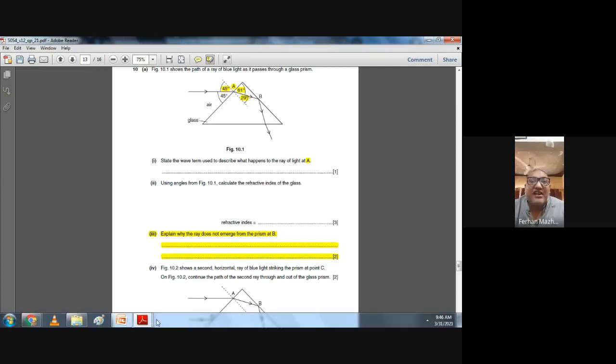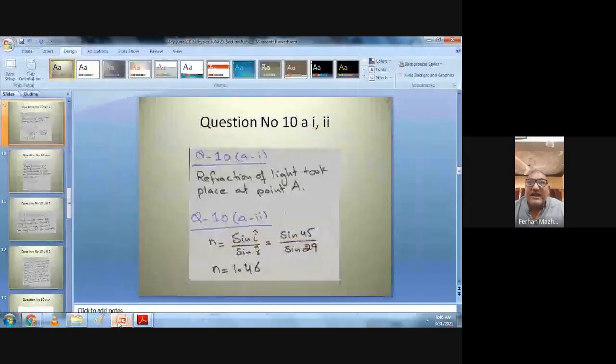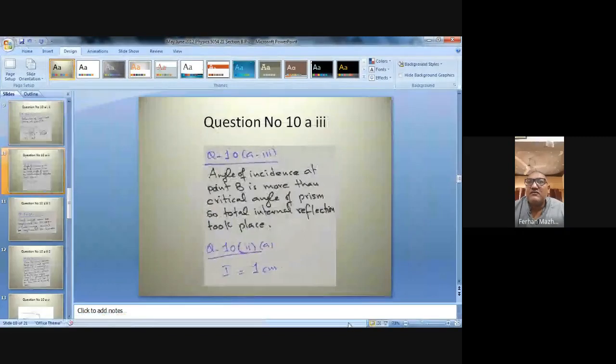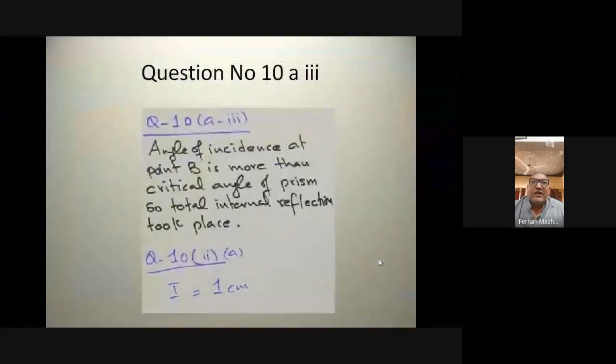I have written this answer also. Let me show you my answer. Angle of incidence at the point B is more than the critical angle of the prism, so total internal reflection took place. Muskan, do you understand?